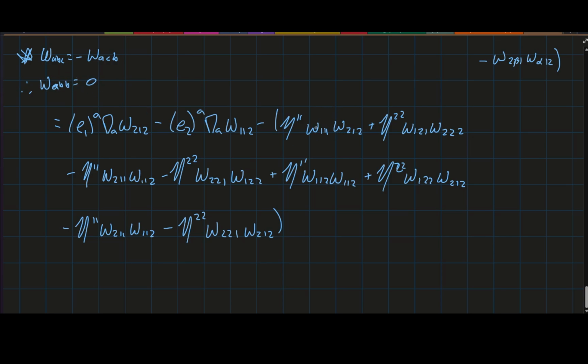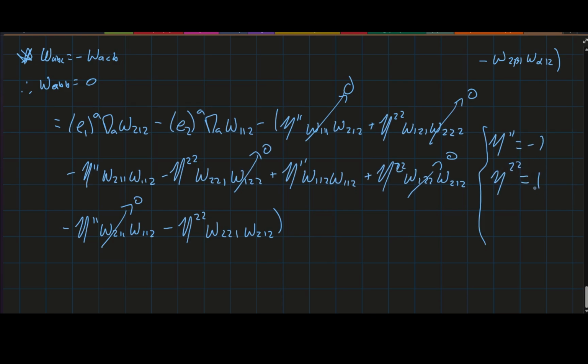So with that, this goes to 0. This goes to 0. This goes to 0. This goes to 0. This goes to 0. And we're left with not so many terms anymore. So let's remind ourselves as well that eta 1, 1 is negative 1. Eta 2, 2 is 1.